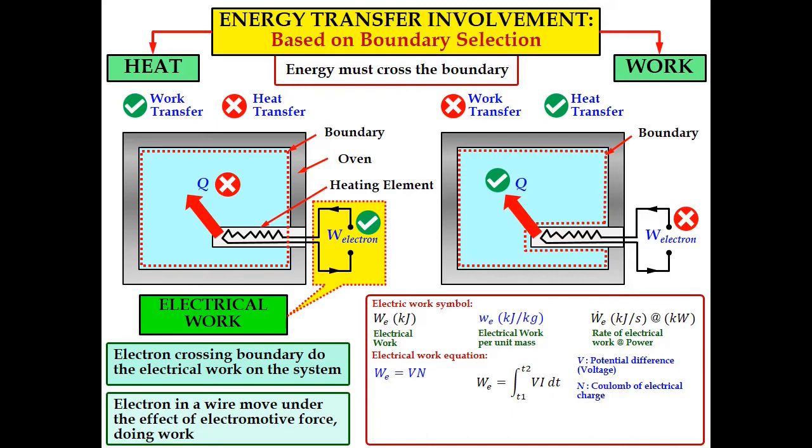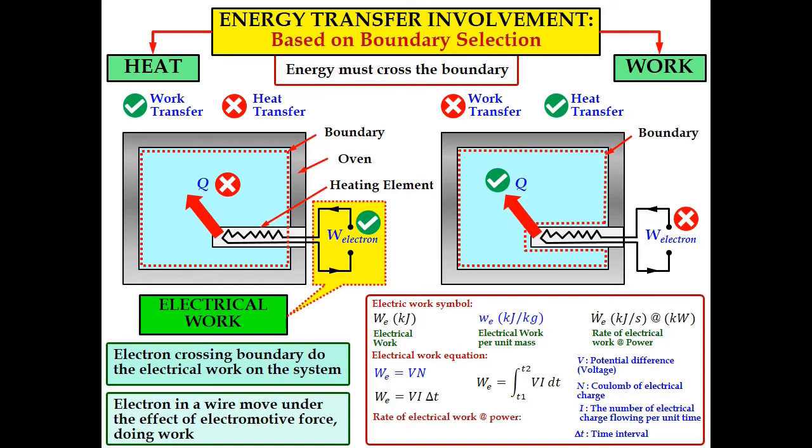So we have WE, capital letter, equal to the integral of VI dt from t1 to t2, where t2 is the time for the final state and t1 is the time for the initial state. I represents the electrical charge flowing per unit time, and delta t refers to the time interval. If VI is constant, the electrical work is equal to VI multiplied by delta t, where delta t is the time interval.